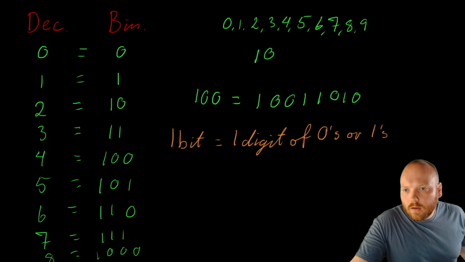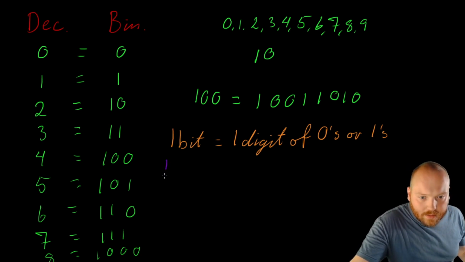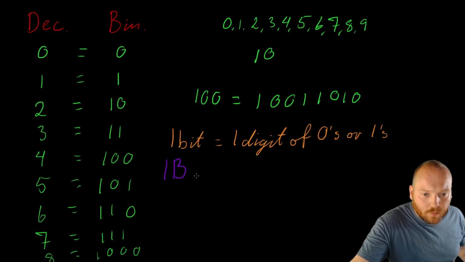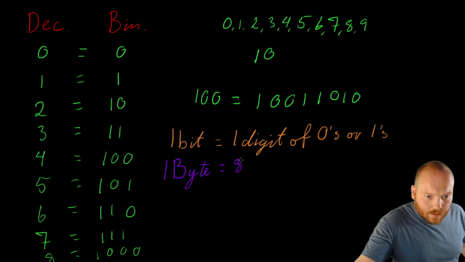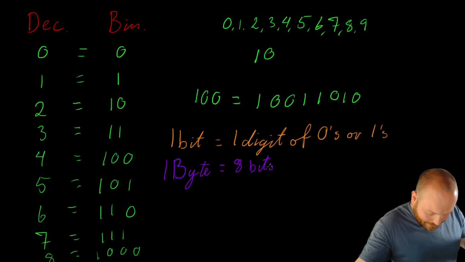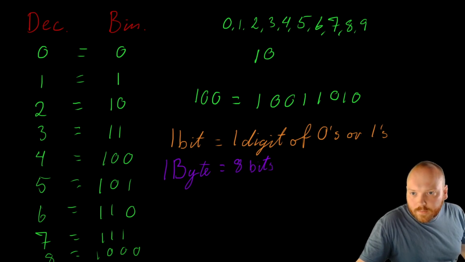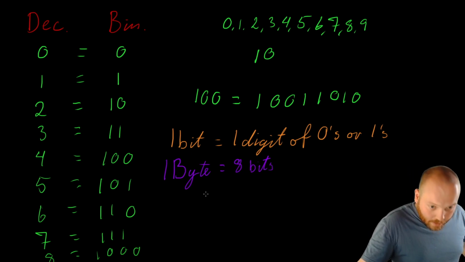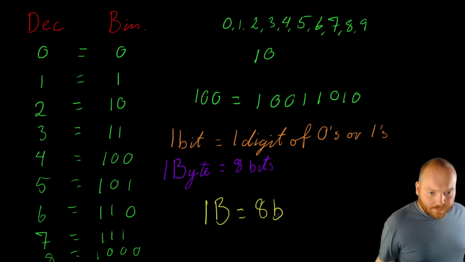And a byte, so 1 byte with a capital B, byte, with a Y there, is 8 bits, or 8 digits of zeros and ones. So in other words, which color should we use, this one? 1 B, capital B, byte, is 8 bits, lowercase b.